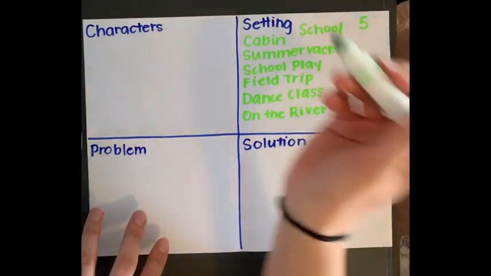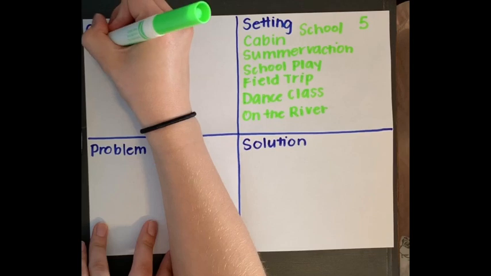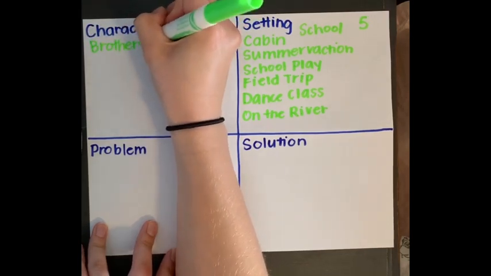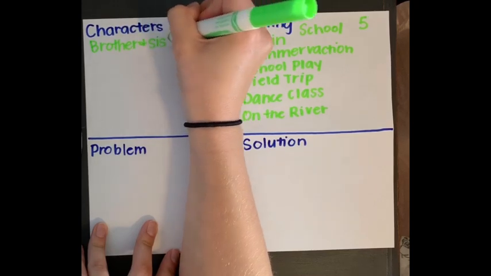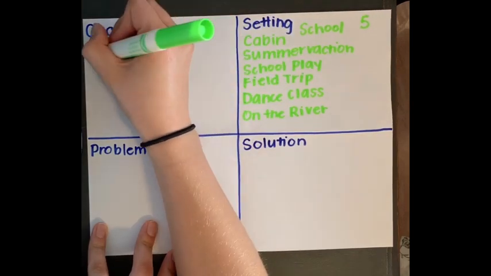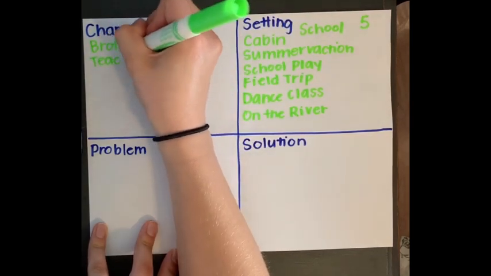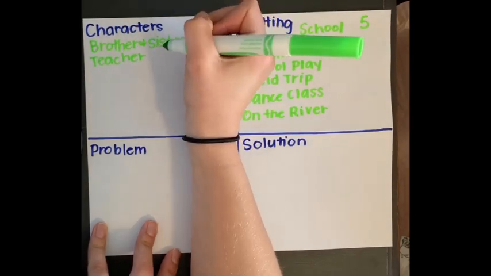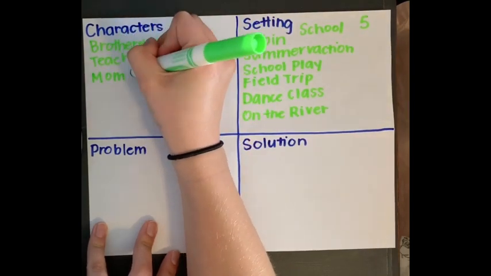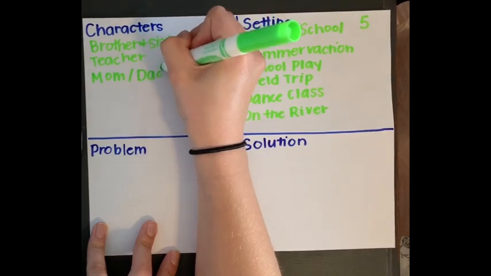So cabin, well, that had me and my brother, so maybe my characters could be a brother and sister. At school, I could talk about the teacher maybe being there. Well, I could talk about like family, maybe mom or dad.